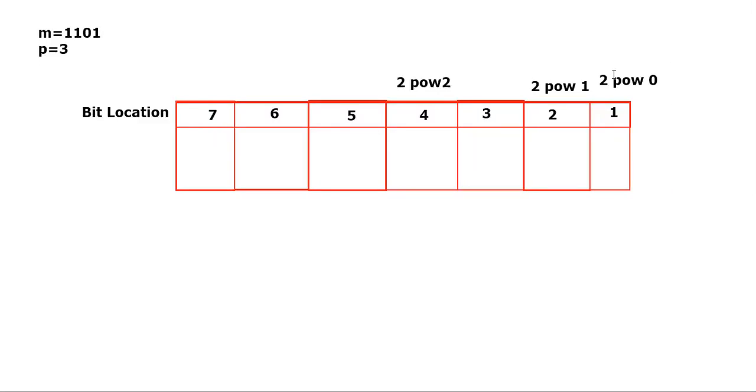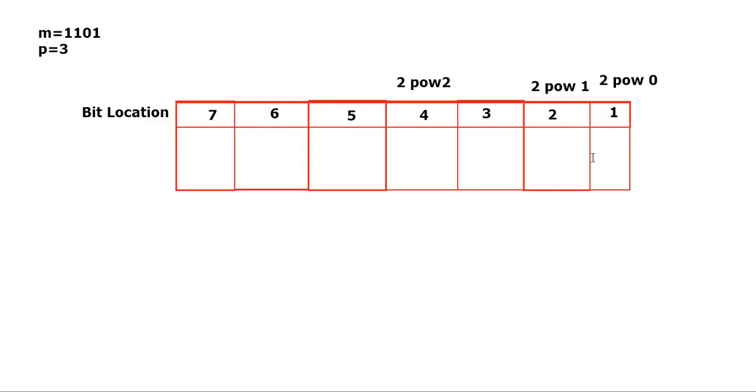So why do we use these powers of 2? The powers of 2 represent the positions of your parity bits. The reason I have taken the bit location is to identify the powers of 2, which give you the position of the parity bits in the code.